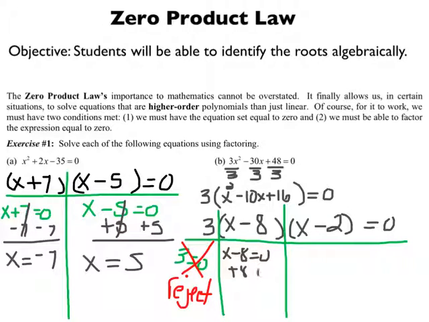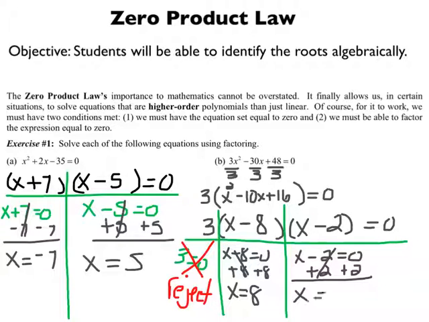Add 8 to both sides. X will equal 8. So there's one root. And then I'm going to have x minus 2 equals 0. Add 2 to both sides. X equals 2. And there's my second root. Those are my roots.